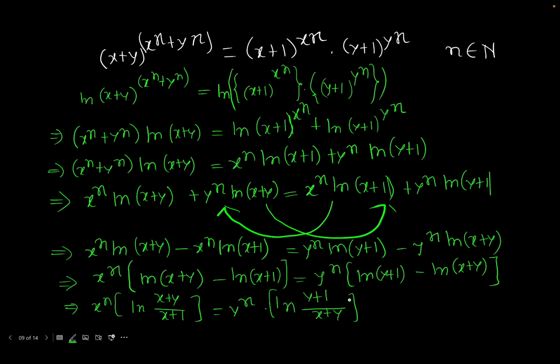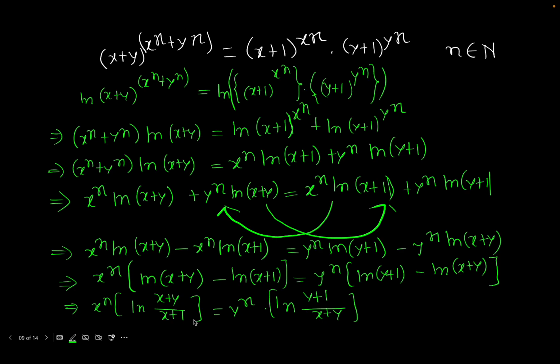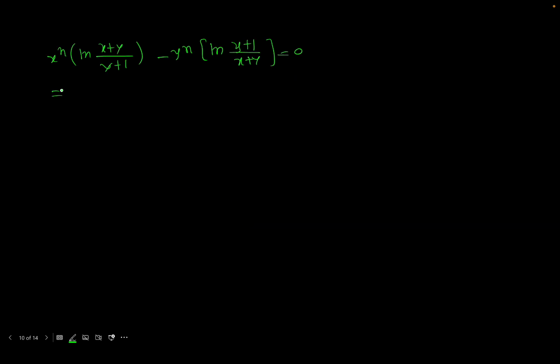So we'll write x to the power n ln x plus y divided by x plus 1 minus y to the power n ln y plus 1 divided by x plus y is equal to 0. We just transfer this term from right to left.